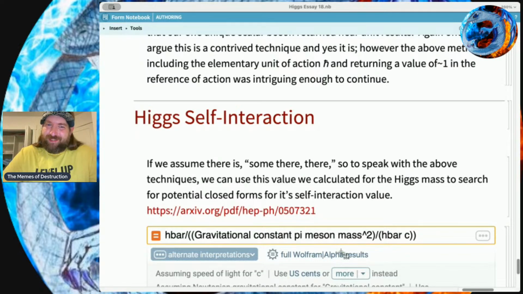Do I have to do the weak mixing? Oh, I got that stuff. I think everything in here is actually computable. Hmm. Weinberg angle. Yeah. Were you mixing it? Doing that before?